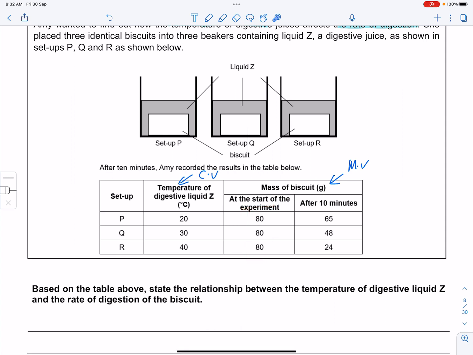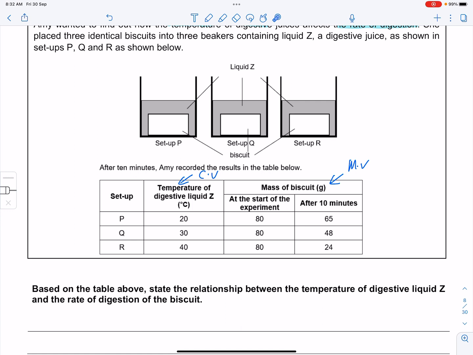As you digest, the biscuit no longer remains as biscuit. It gets broken down into a simpler substance. So the original form of biscuit will get lesser over time, technically speaking. Or if it's the same time, because of the different conditions present, they will have different amounts remaining.